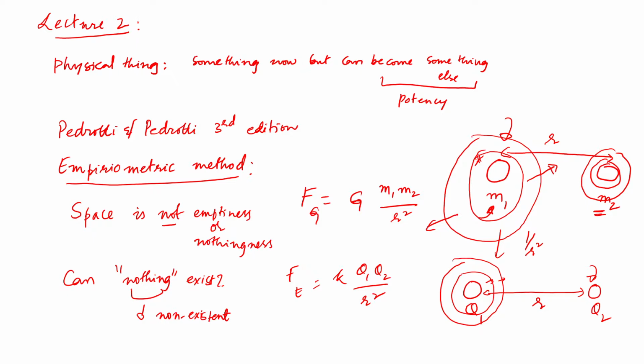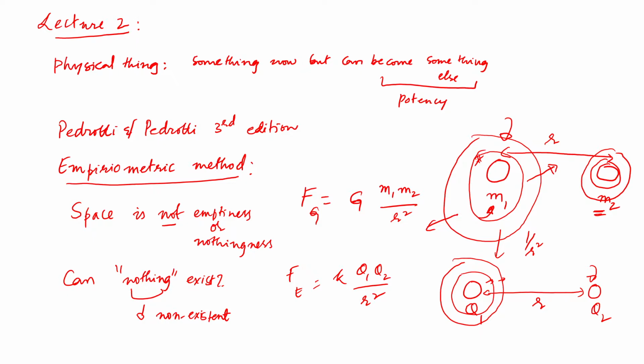So all these gravitational, electric and magnetic fields reside in space, and space has extension. That's a property. Quantity is a property. So space exists of itself, and it has extension, which is a property, and also it has fields. For example, gravitational field, electric field and magnetic field, they reside in space as perturbations in space.